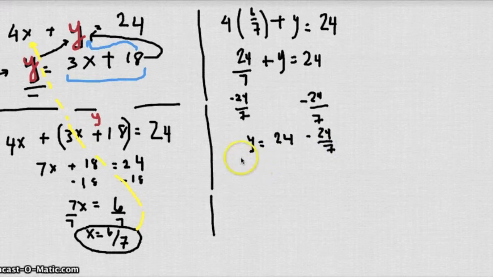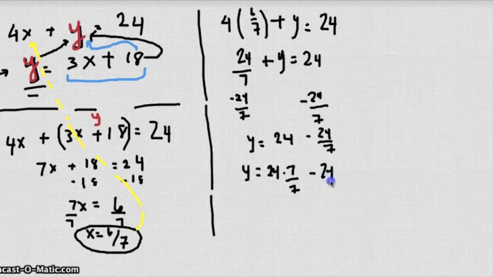And of course we can do that by finding a common denominator. So then we get y is equal to 24 times 7 over 7 minus 24 over 7. 24 times 7 is 168 over 7 minus 24 over 7.